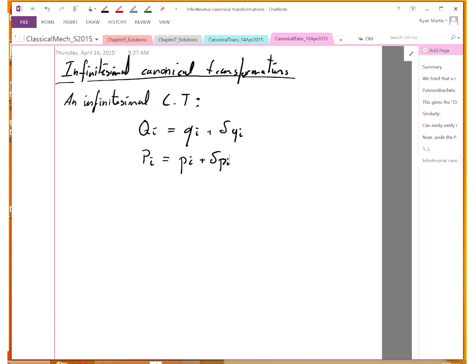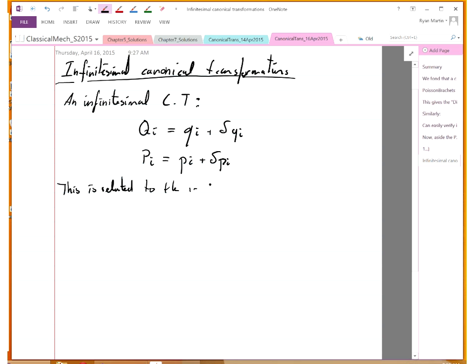So that's a canonical transformation. In fact, this canonical transformation is very, very close to the identity transformation, right? Lowercase q is almost equal to capital Q. Capital P is almost equal to lowercase p.